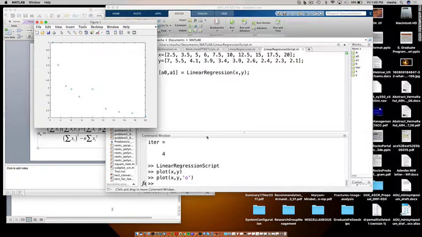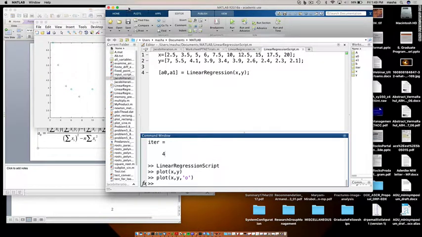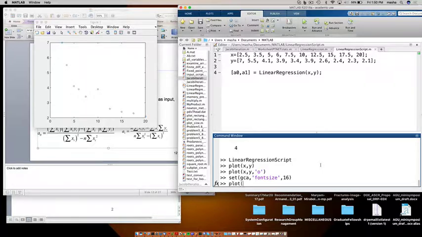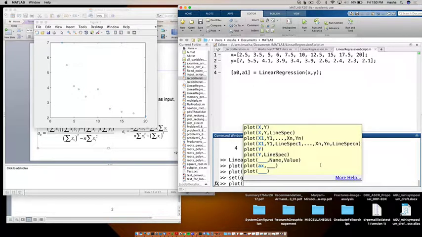Now, what would be my model? How do I plot my linear model? If I have data and I computed my A0 and A1, what is my linear model for this?